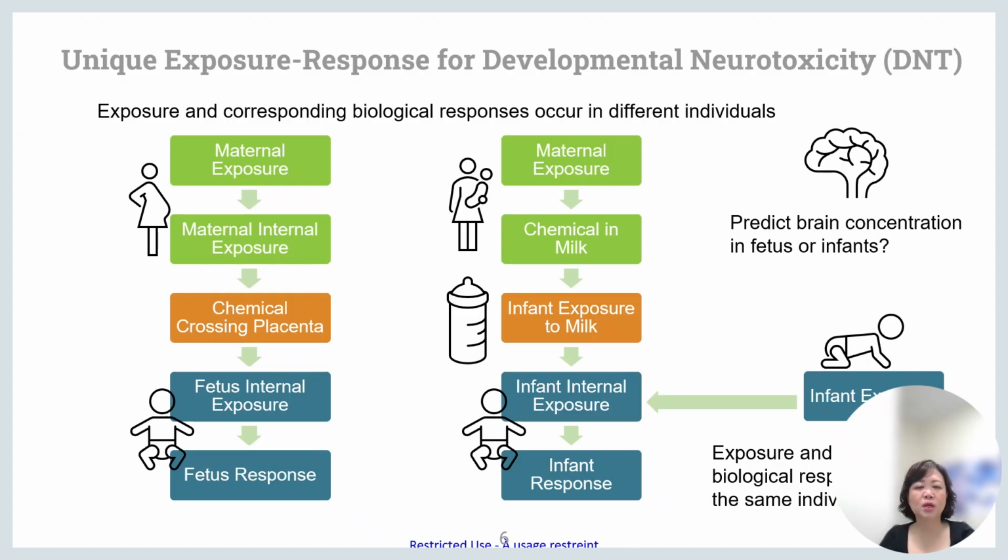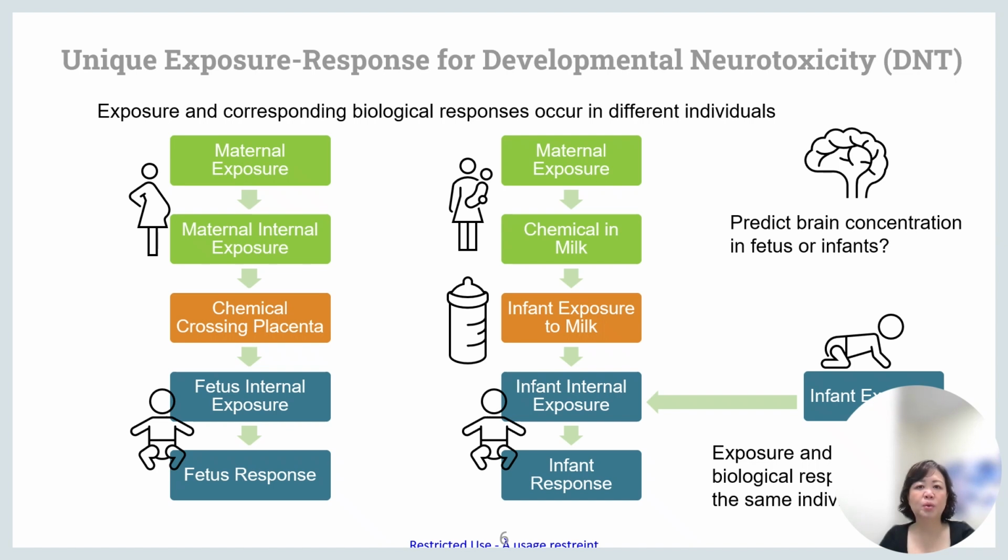So if the concentration in the fetal brain is the internal dose metric, we would theoretically need a gestational PBK model. This model would track the chemical entering the mother, distributing to maternal tissues, metabolizing and being excreted, crossing the placenta, metabolized, excreted, and distributed within the fetus.